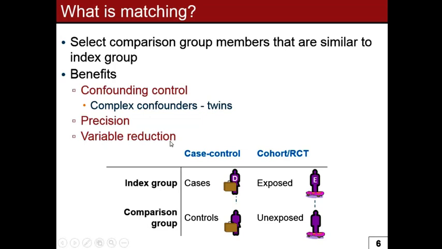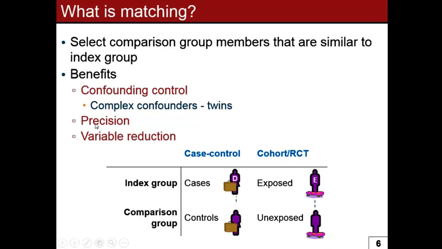The other piece is precision. By controlling for all this extraneous stuff through matching, I might actually get a much more precise answer than if I put the 1,000 terms that represent your household in the model. That might actually result in a big inflation of my confidence interval for the thing I care about.